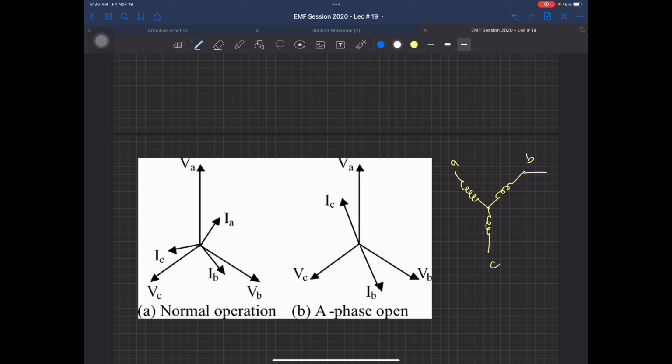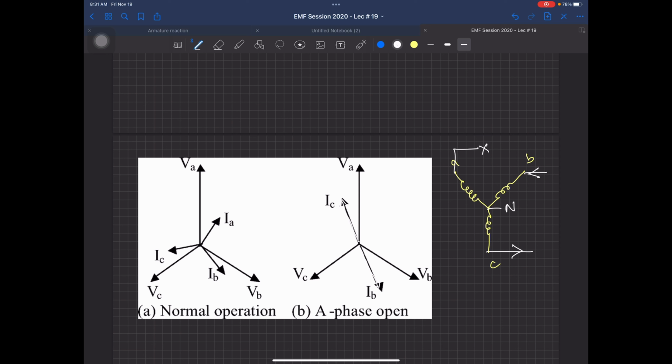Now your B phase is still connected, C phase is still connected, but A phase is not connected to anyone. If you have not connected any neutral, the current entering IB will be leaving from IC. You can see that the IB vector is in this direction, and the IC vector is the complete negative of that vector.